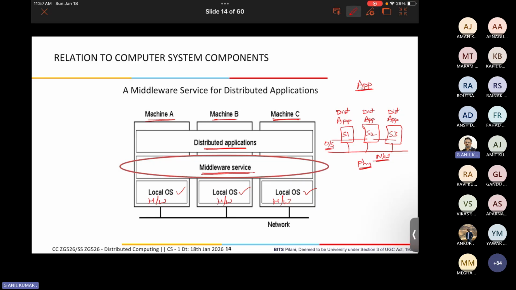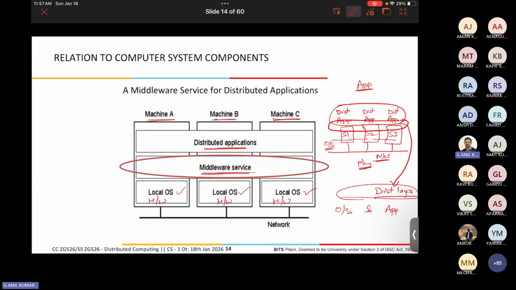These are the distributed applications. And the space is missing. There is a layer between this application and the operating system, which is my distributed layer, which connects your operating system and your application together. Stitch both of them.